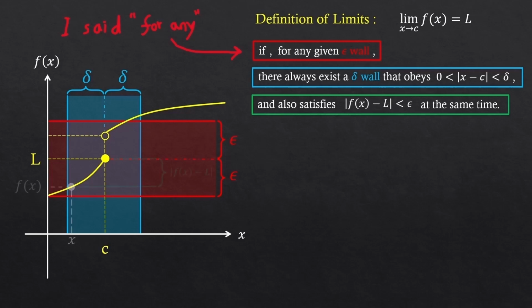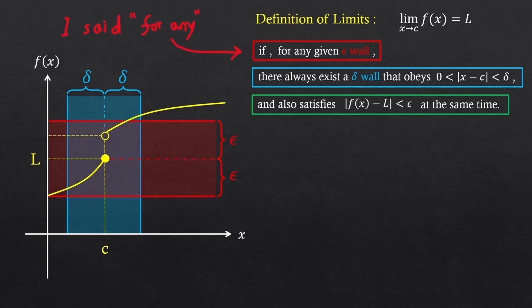So now let's see. Oh, this delta wall has a region where it allows fx minus L to become wider than epsilon. That's not good. But it's okay. We just gotta find another delta wall that can satisfy it. As long as there is a specific delta wall that can do that, we'll be fine.